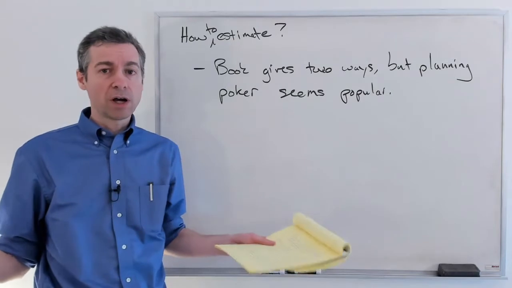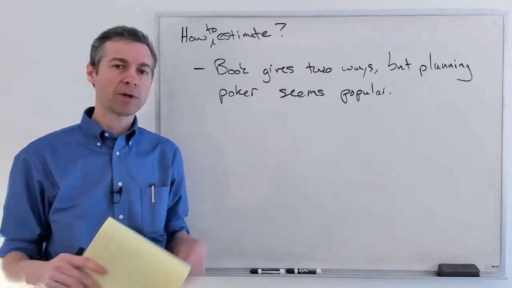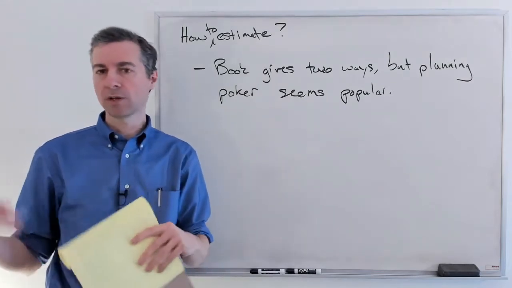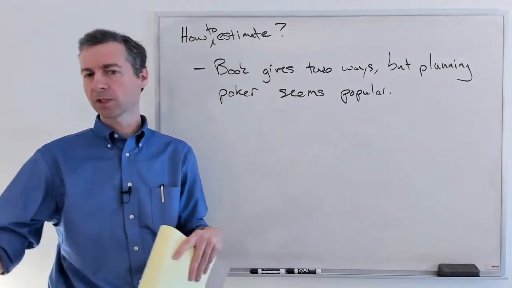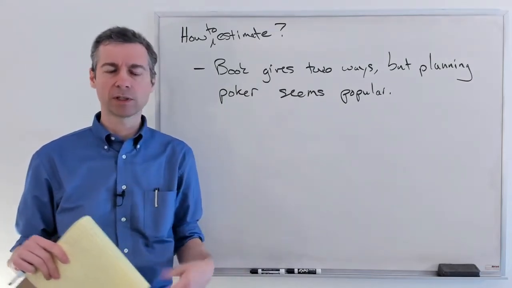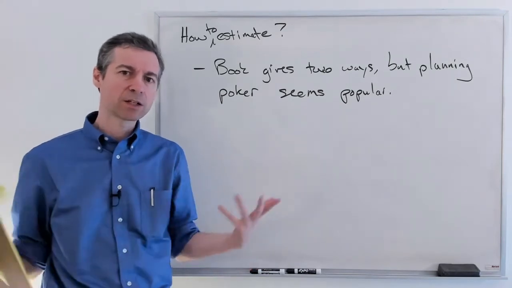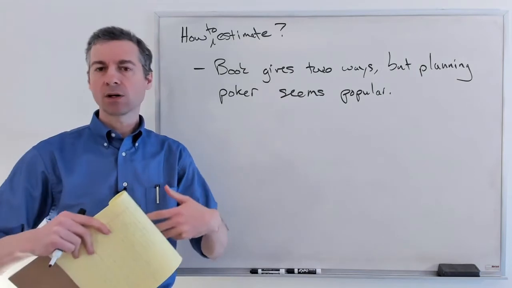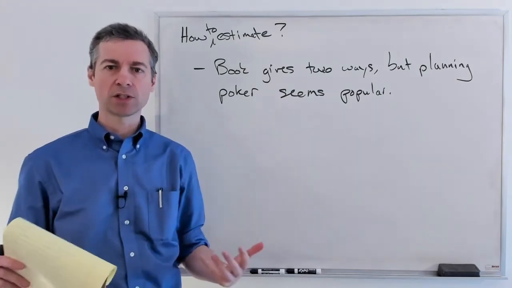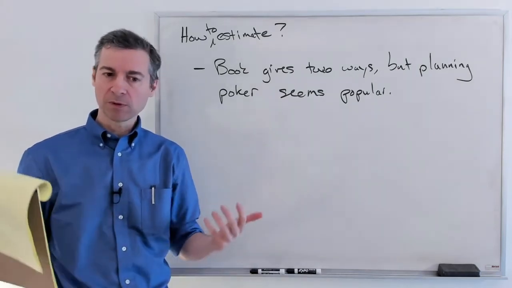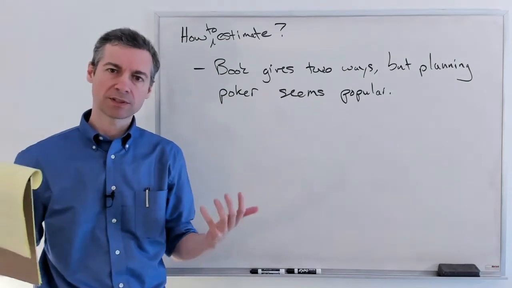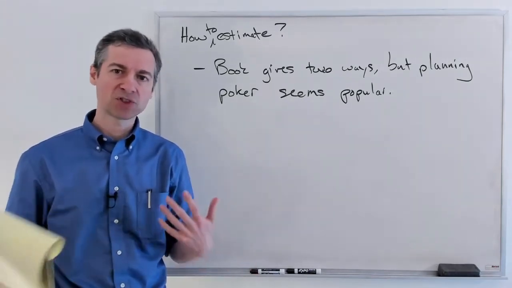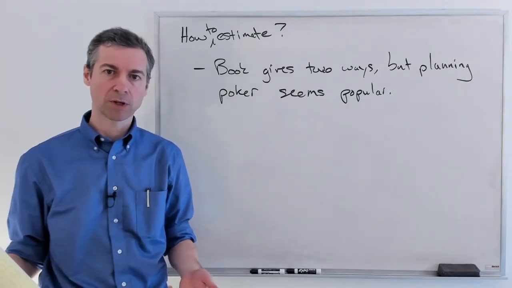then you should talk as a team and talk about, well, okay, who gave it a 1 and who gave it a 4? Like, why do you think it's a 4 and you think it's a 1? Well, let's understand our differences and what's going on here. And again, this is all about the conversation that the team has. If people think there's a significant difference in the size of a story, we must have different understandings of the stories, okay?